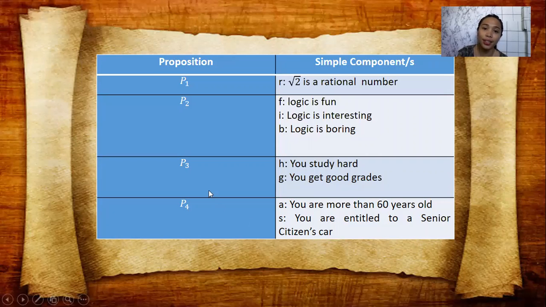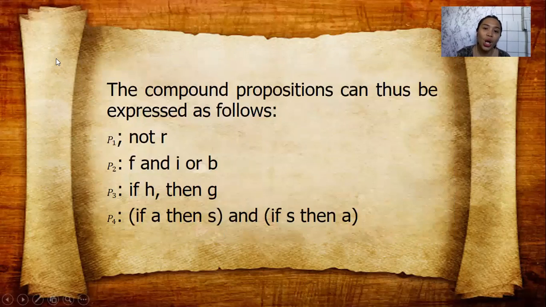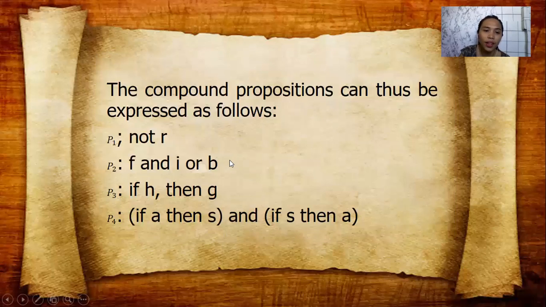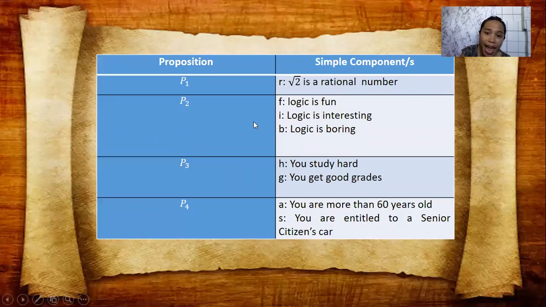These propositions can thus be expressed as follows. For P sub 1, we use not R: not the square root of 2 is a rational number. For P sub 2, F and I or B: logic is fun and logic is interesting or logic is boring.